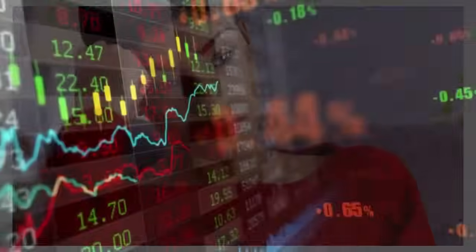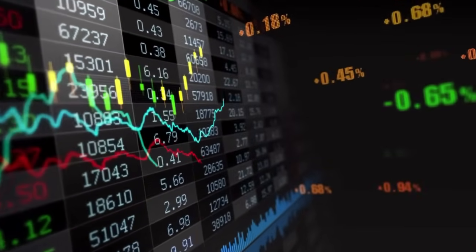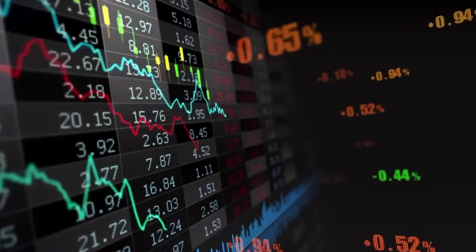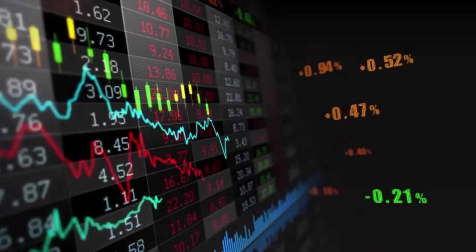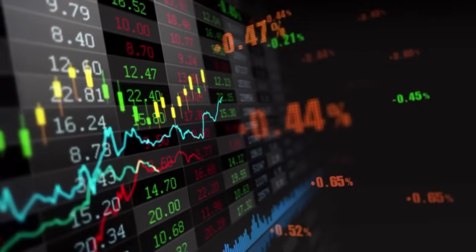What if I actually told you there's an advanced strategy that combines price action, volume, and volatility with a very detailed and specific custom moving average tool?